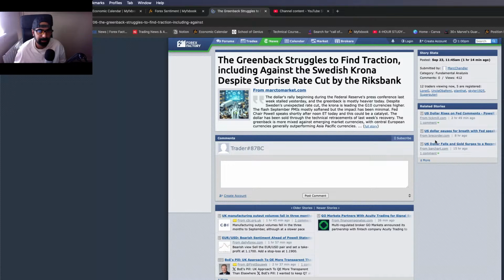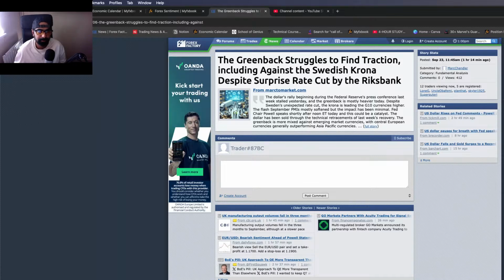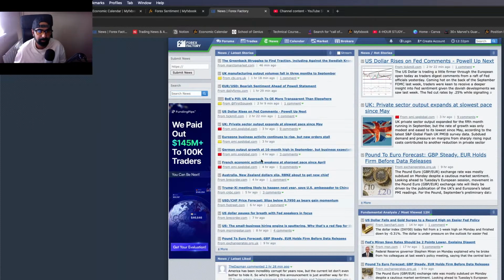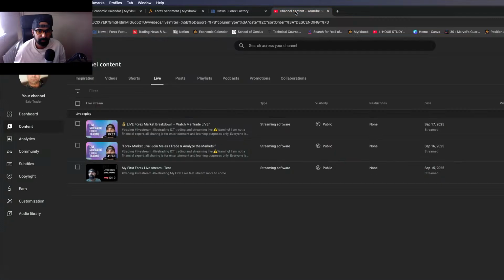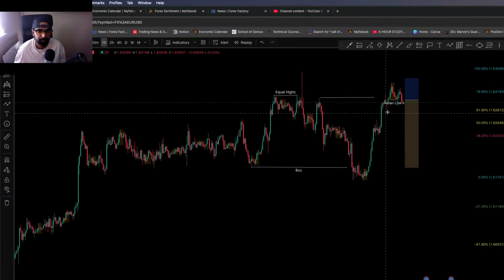Okay, there's something with the Swedish krona. Yeah, so let's have a look at other sort of pairs.